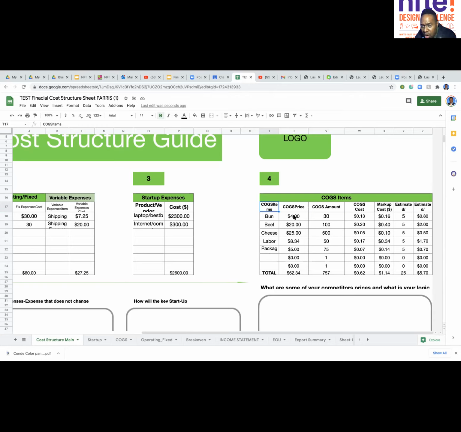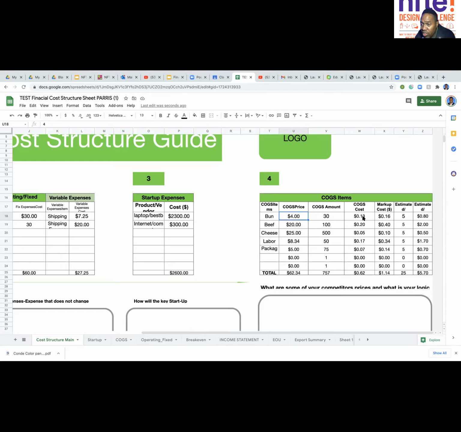The bun costs $4. You get 30 buns in a pack because you buy it wholesale. You don't go to Publix and get this. You get this at the real dealers. How do you average your cost of a bun? Well, the rule is that you divide the amount by the cost, and that gives you the cost per unit. That bun costs 13 cents per bun.